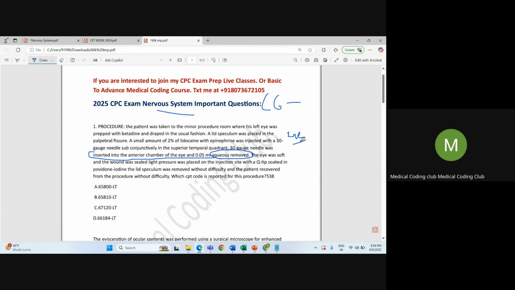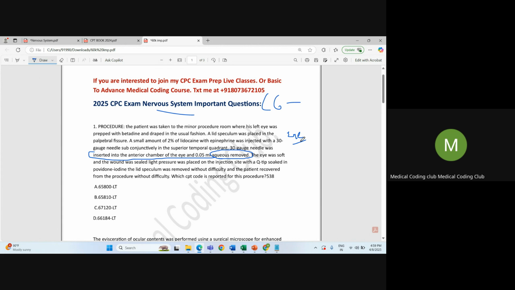It sits between the lens and cornea. If the eye pressure is too high, they will perform an aqueous drainage or removal procedure. So in our question they removed 0.05 ml of aqueous. This is the exact procedure they did.